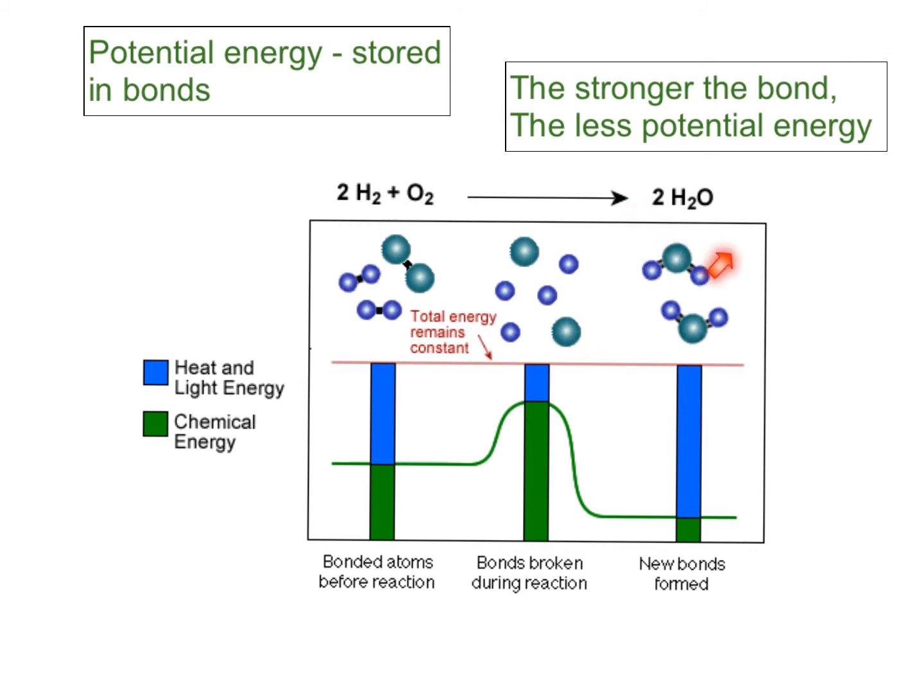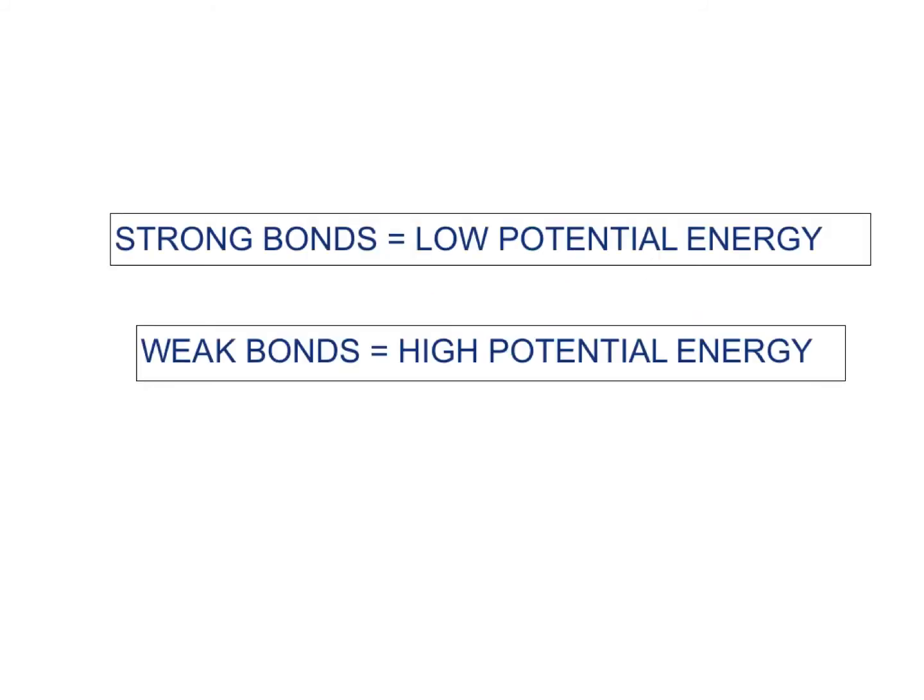And a product, water, with its very polar covalent hydrogen bonds being far stronger than the nonpolar covalent bonds of our reactants, those bonds will have much lower potential energy. And we know that water is a very stable molecule.